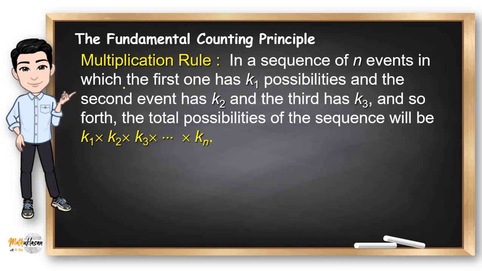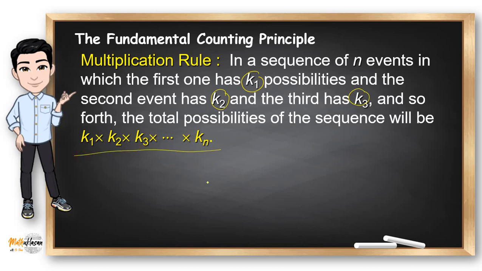Okay, so for example, in a sequence of n events in which the first one has k1 possibilities and the second has k2 and the third has k3, we can find the total number of possibilities by following this sequence.